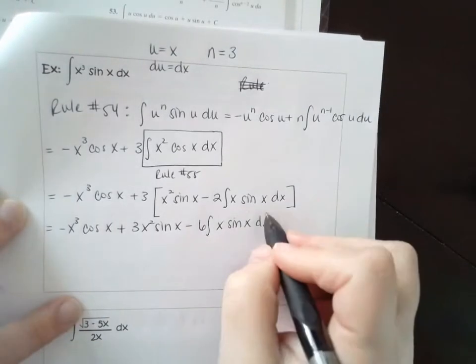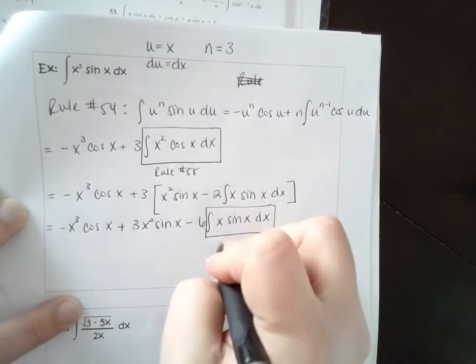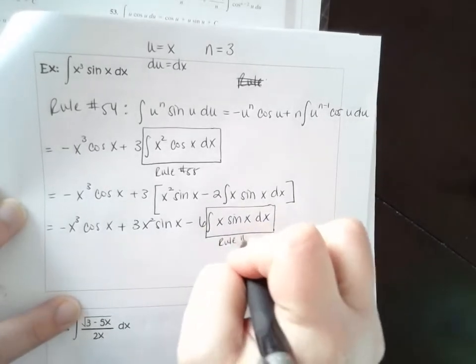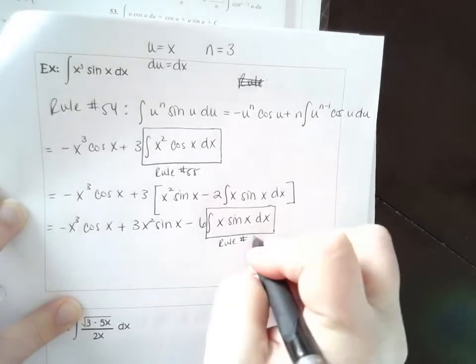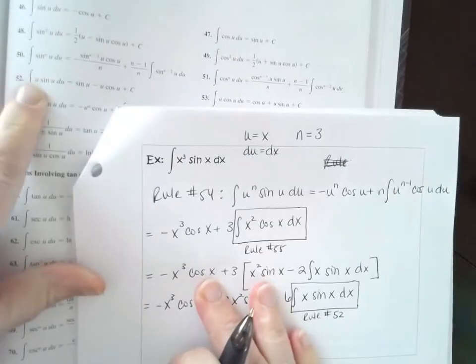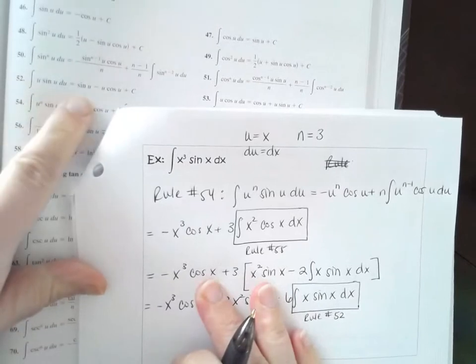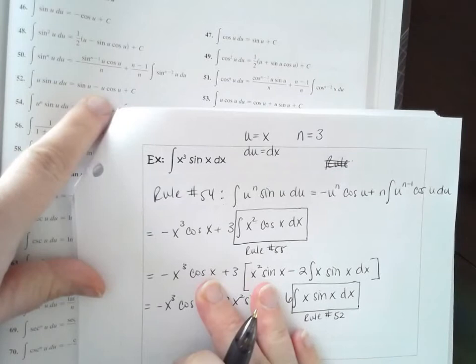Alright. This is better than before, so I'm going to apply another rule. You could apply rule 54, but this is more specific to 52, which is when you have one single x value in front of the sine. Notice there's no integrals in this, so we know that we're going to finish the problem in the next step or two.